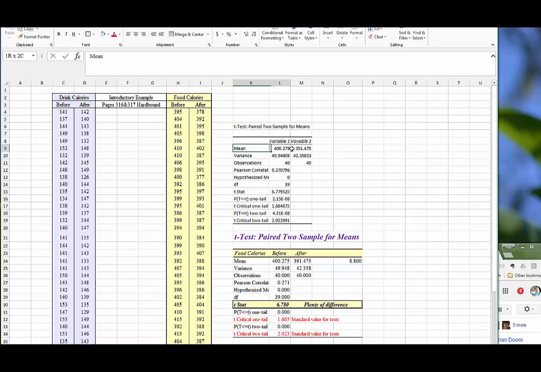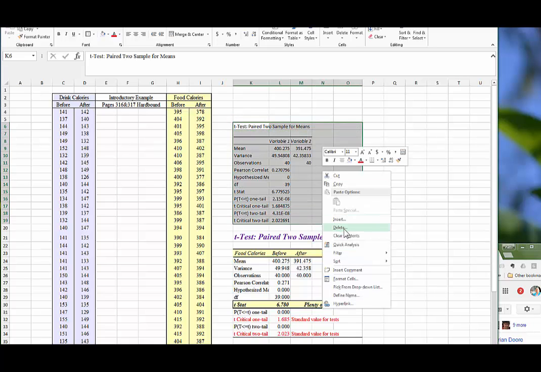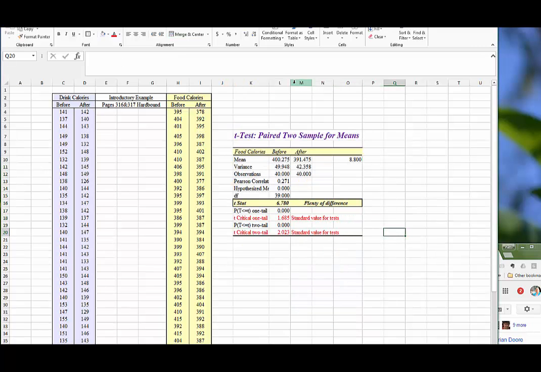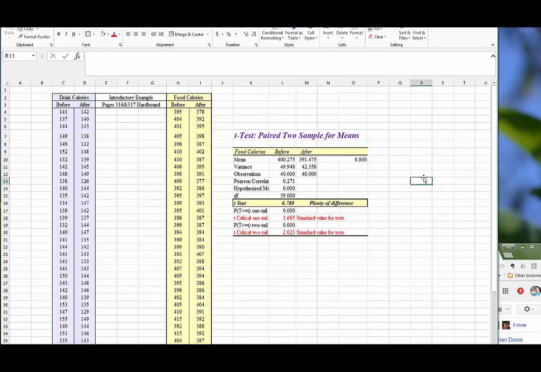I don't know about you, but I find this difficult to read, and it doesn't make near as much sense to me. So I changed the decimals and I highlighted a few things, and it just makes more sense to me. So I'm going to delete this because it's the same, it's just that this one is easier to read. I'm just going to say delete and shift cells up, and there we go. So this is essentially the output.